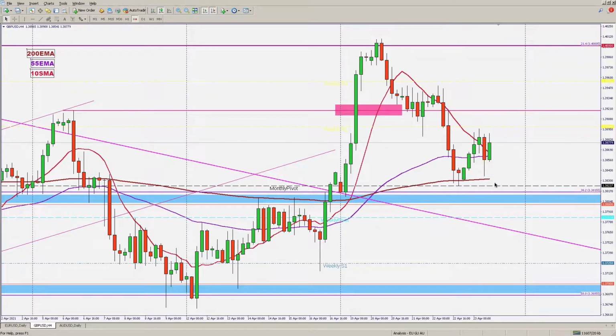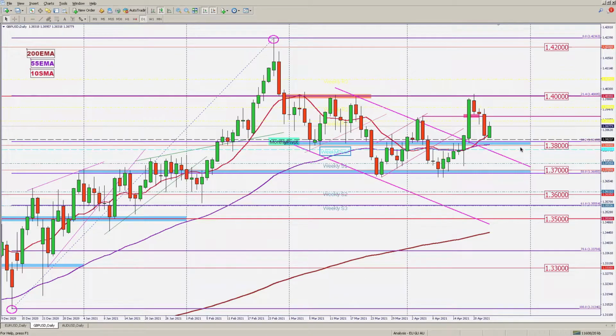But the monthly pivot now is providing key support. So this zone here is a critical support zone, along with the daily 55 coming up at 138. And let's move this, this is resistance at 140.